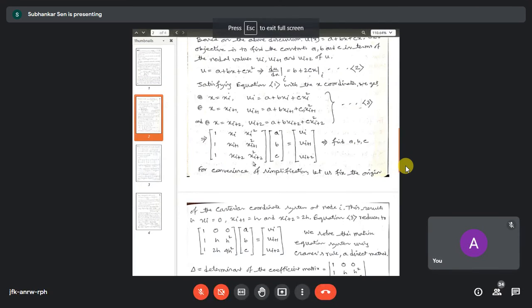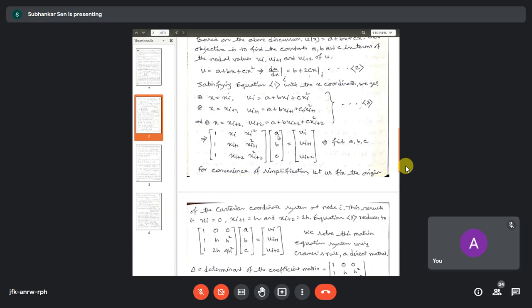So factorial 3 plus 1 means factorial 4. Factorial 4 means 4 into 3 into 2, which is 24. So 24 operations you have to perform, and then you will get the solution. What is happening is that if the matrix is 4 by 4, your operation count becomes factorial 4 plus 1, which means factorial 5.